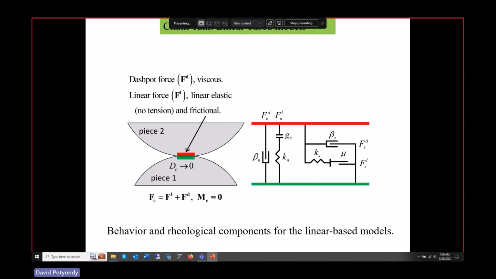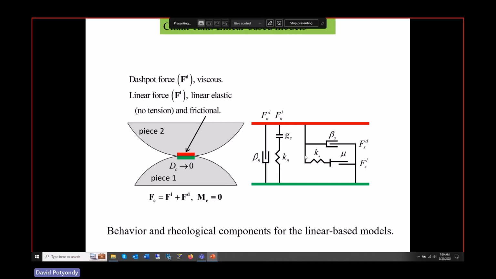The general linear contact model in PFC also has dash pots. And so here is a dash pot. This is the top surface. This is the bottom surface. There's a dash pot between them. And there's also a different dash pot in the shear direction. Let's not worry about the dash pots. For the linear model, here we go. What is this designating? You move this surface and you squeeze, there's your spring Kn. This is indicating that there can be a surface gap that can form. If you pull on it, sorry, it's not going to stretch. It's just going to open a gap.